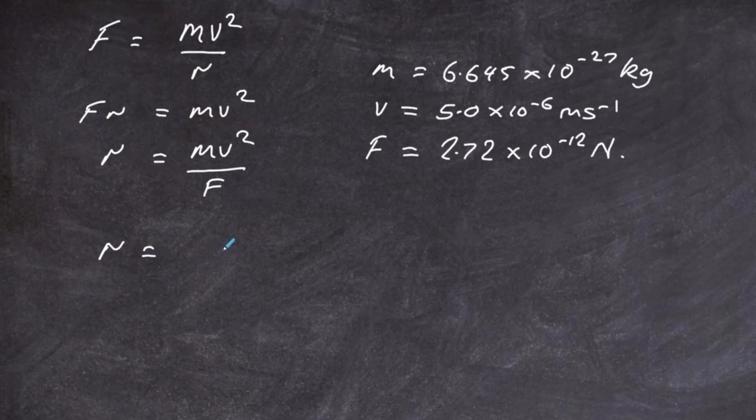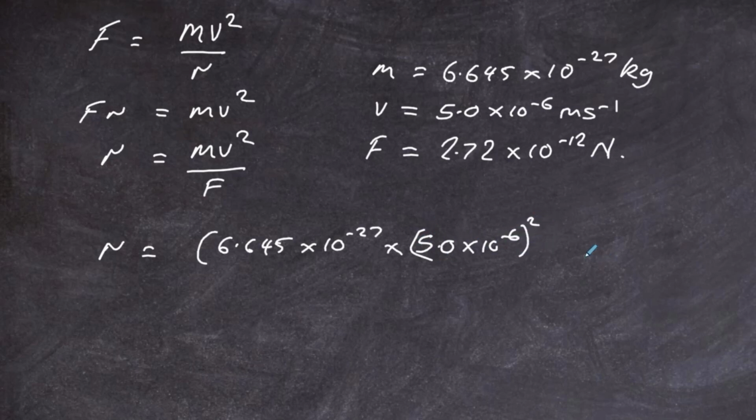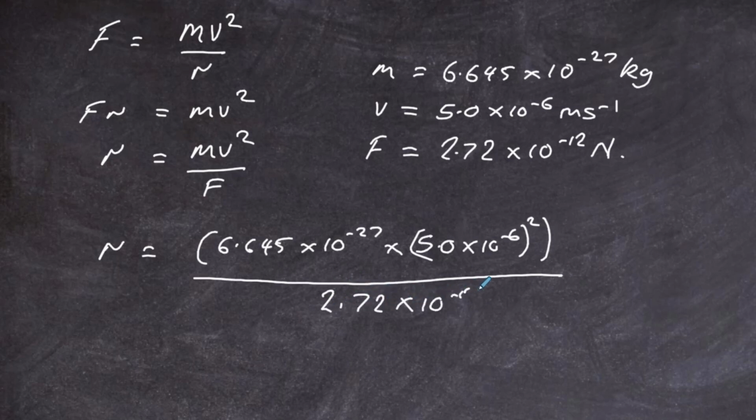R is going to equal the mass, which is going to be 6.645 times 10 to the minus 27, multiplied by v squared, so we're very careful, 5.0 times 10 to the power 6, and we have to square that, so always make sure that's squared in your calculator. Close the final bracket and divide that by the force, and the force was 2.72 times 10 to the minus 12.